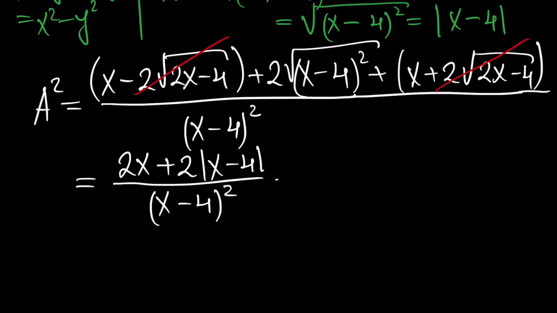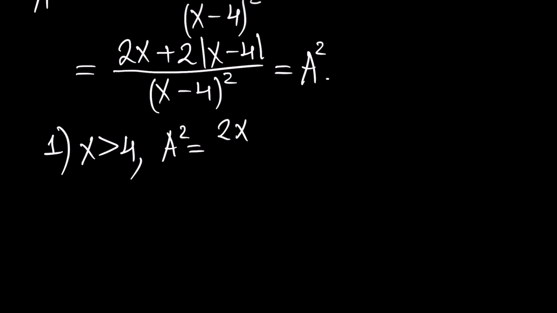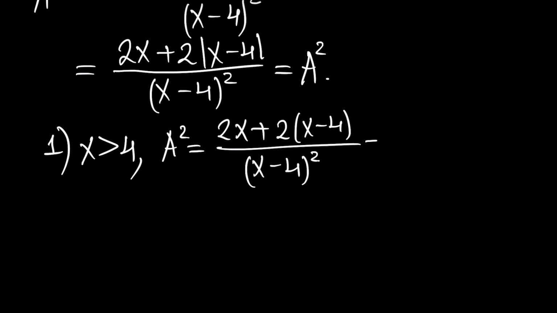So this is A squared, and remember we have to find A. So the first case, let's assume x is greater than 4. When x is greater than 4, then this absolute value will be equal to x minus 4, so A squared is equal to 2 times x minus 4, plus 2x, divided by x minus 4 squared, which is equal to 4x minus 8 divided by x minus 4 squared.